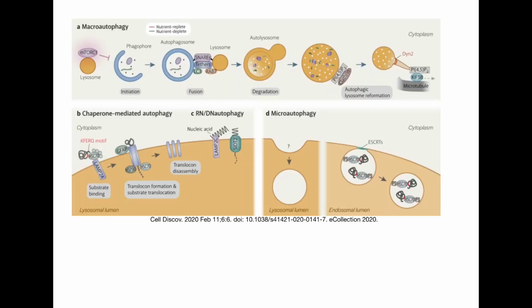protein to the surface. So this is the cytoplasmic surface, this is the lumen of the lysosome. That leads to the recruitment of the subunits of yet another translocon, in this case the lysosomal one, and the translocation of that protein here into the lumen.